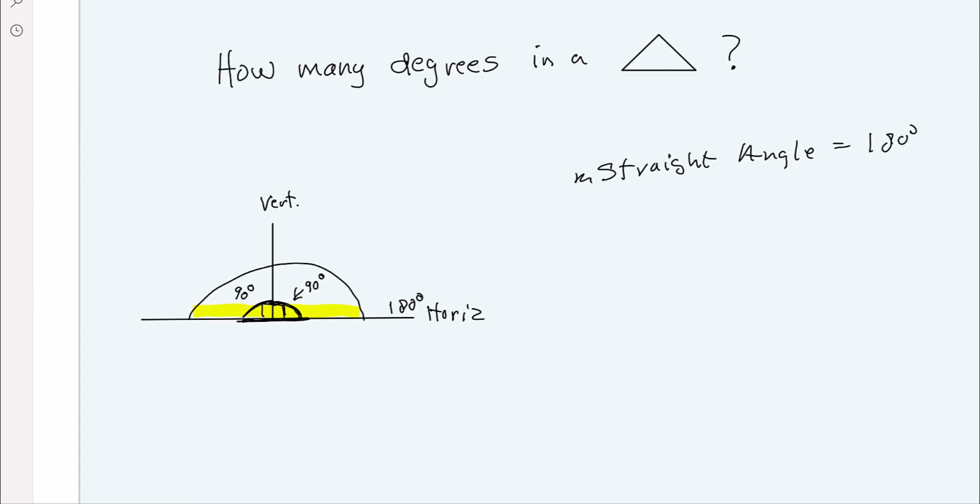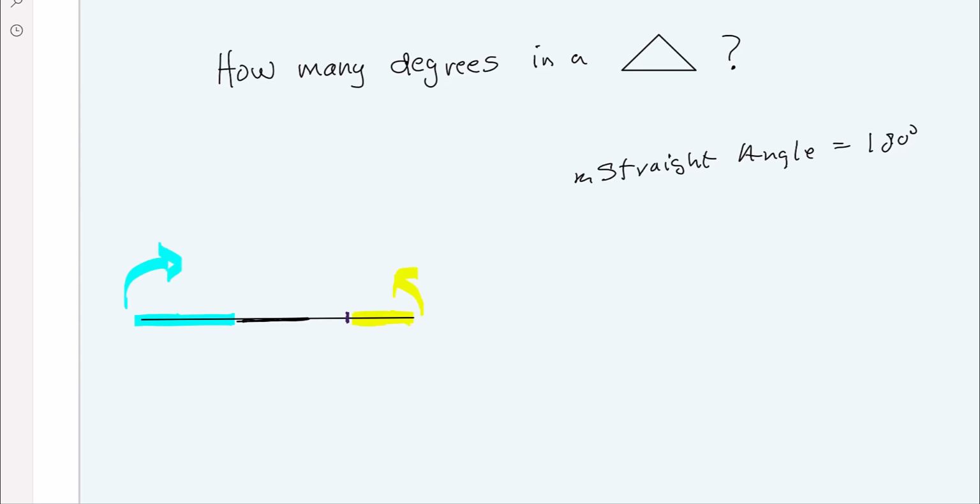Okay, so now we're going to take that idea that we know now what a straight angle is. But let's say I broke that straight angle up into 3 parts. And I took this segment right here and I fold it and I bend it upwards. And then I take, say, this segment right here and I fold it upwards.